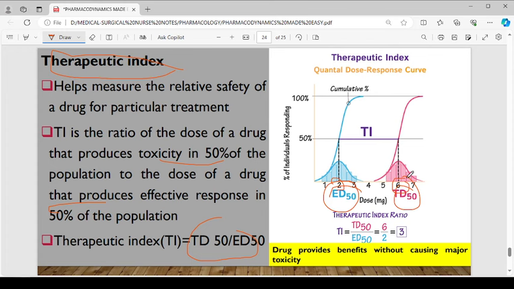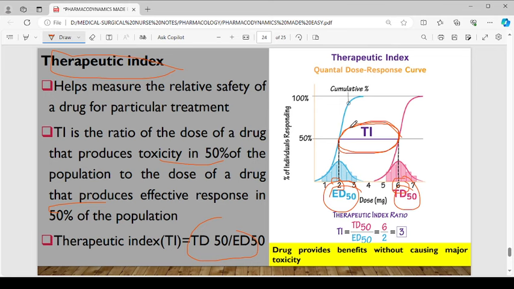So we take 6 divided by 2, you get 3. So this is now the therapeutic range for this drug. These are the safe zones where this drug can be used and is able to bring about the desired effect without the side effects.